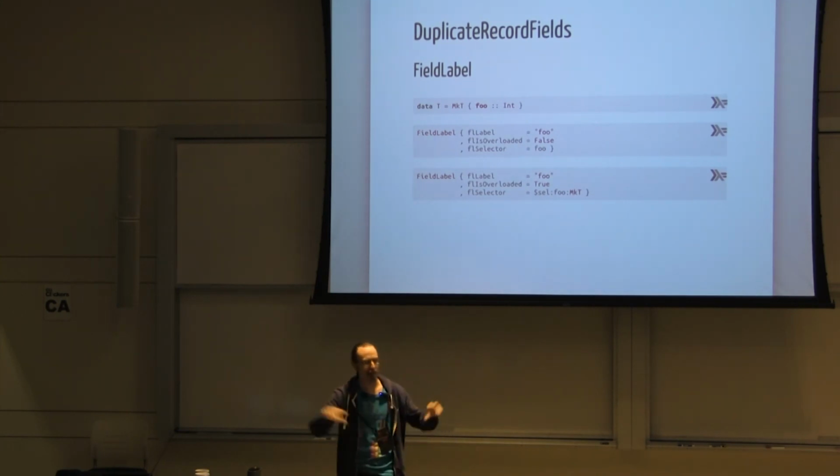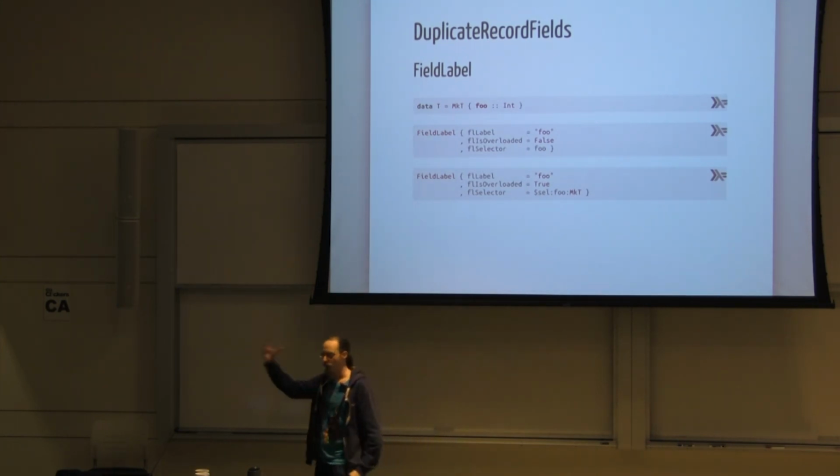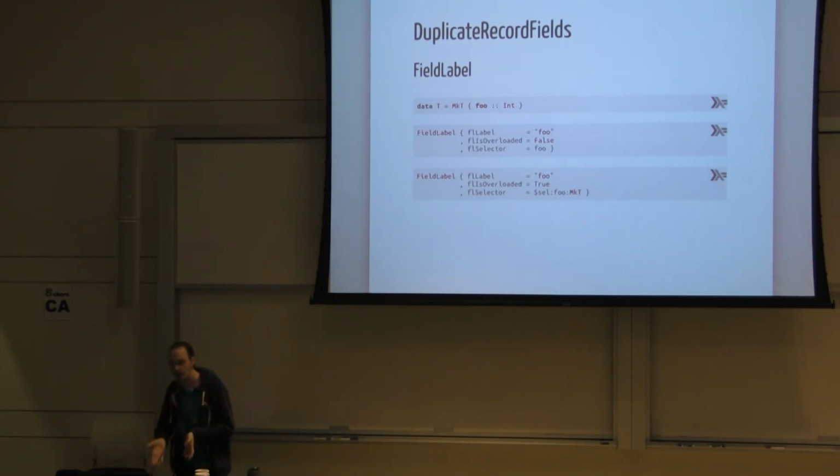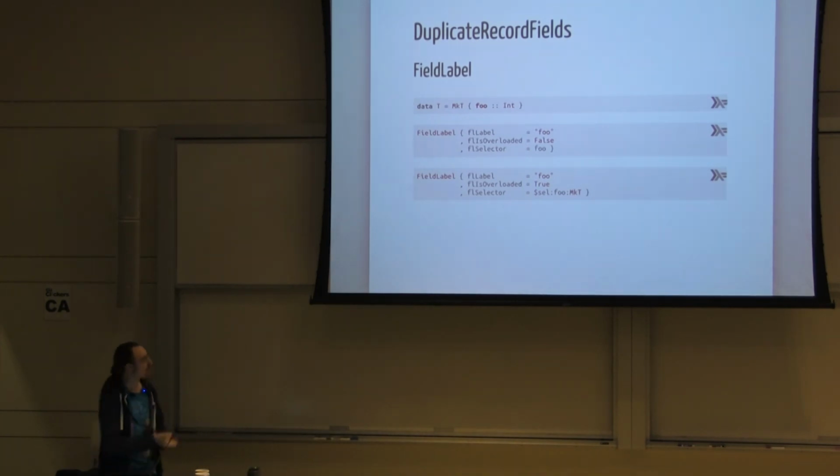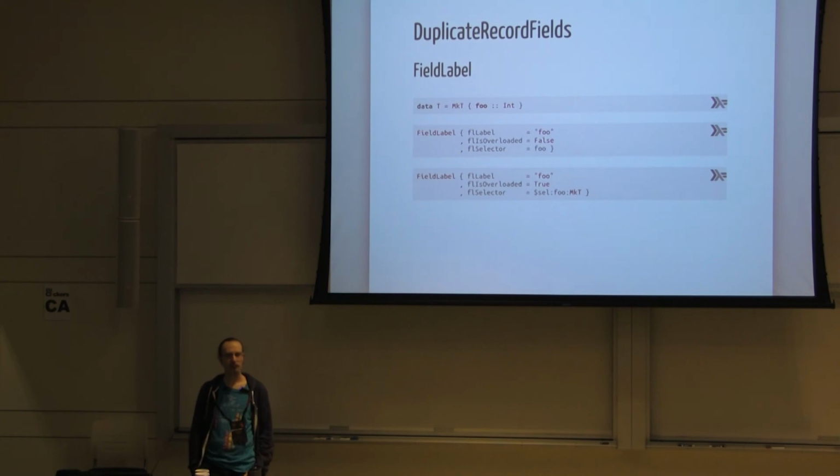So you basically have an additional thing in the namespace which is mangled and not user accessible, but the compiler knows how to actually access that. Whenever you try to look something up, it looks up a FL label and then later inserts the actual selector when it finds it. So it's a bit of a workaround that works quite well so far. Any questions?